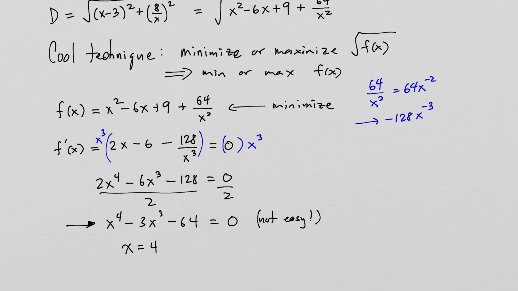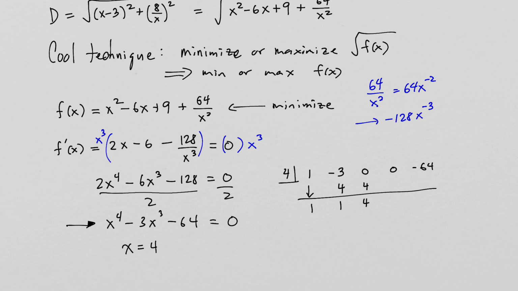Now the reason for this, just real quick to justify my answer here, is that I can use synthetic division with the number 4. We have 1x to the fourth, negative 3x cubed, 0x squared, 0x, and negative 64. And I choose 4 because 4 is a factor of 64. And let's go through the synthetic division process. 4 times 1 is 4. Adding, we get 1. 4 times 1 is 4. Adding, we get 4. 4 times 4 is 16.